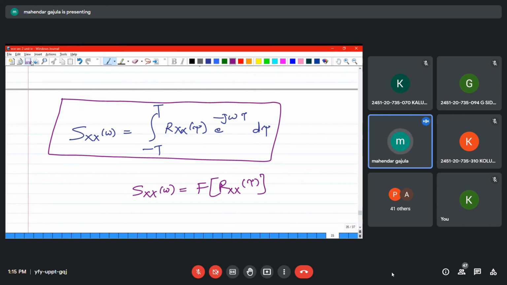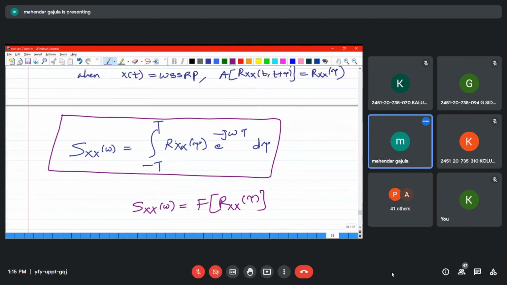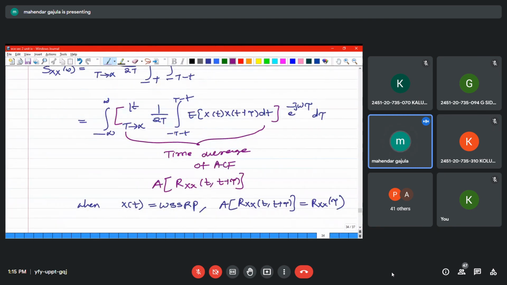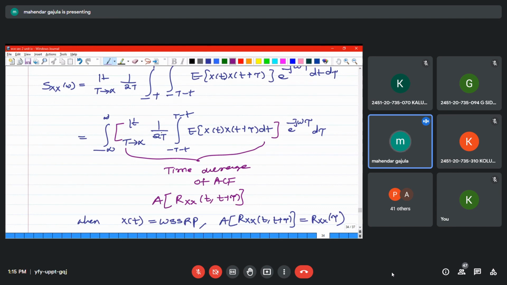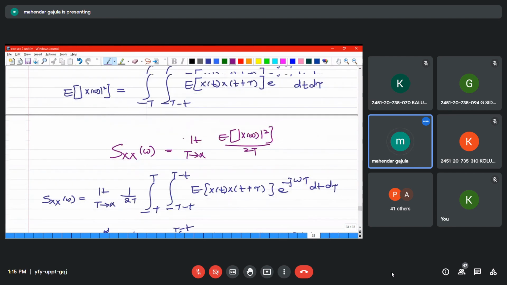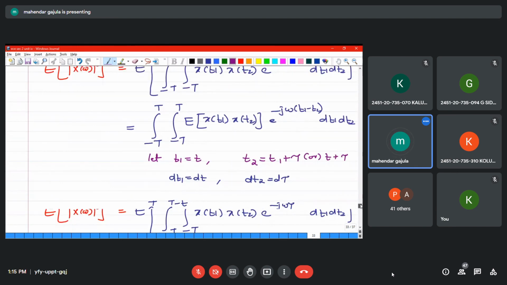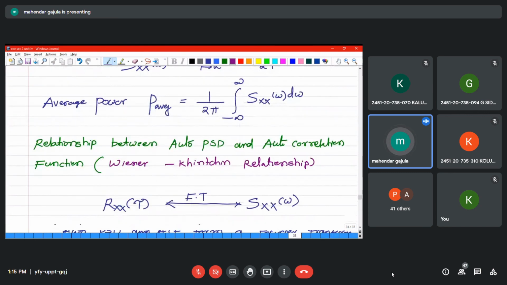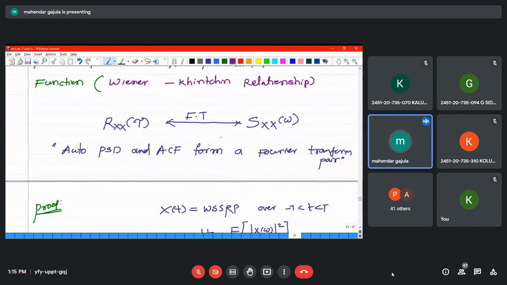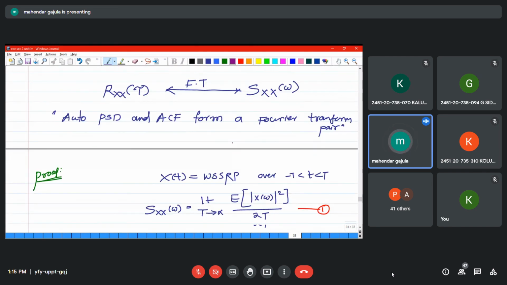We need practice to derive this, so I am repeating it. We have to prove that the spectral density is the Fourier transform of the autocorrelation function.